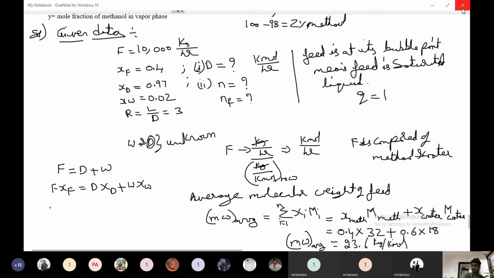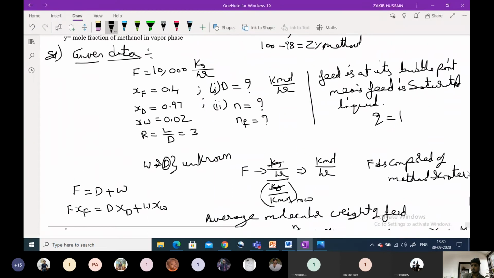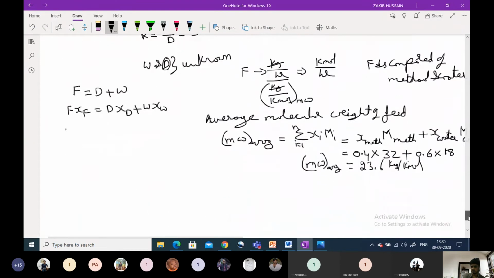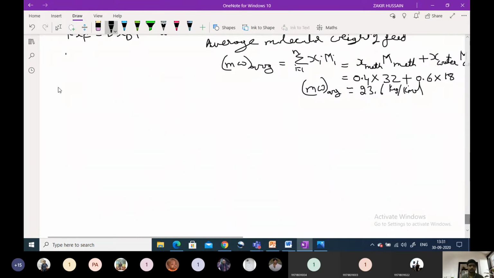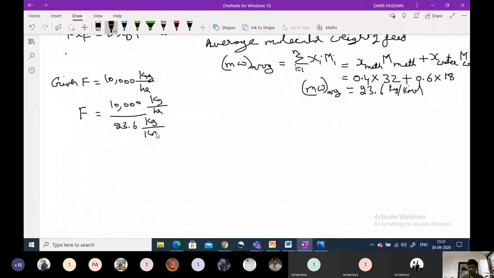Then we have to convert our F, which is given in kg per hour, to kilomole per hour. Given F is equal to 10,000 kg per hour, so F is equal to 10,000 kg per hour divided by 23.6 kg per kg mole. The units cancel, and we get F is 423.72 kilomole per hour.